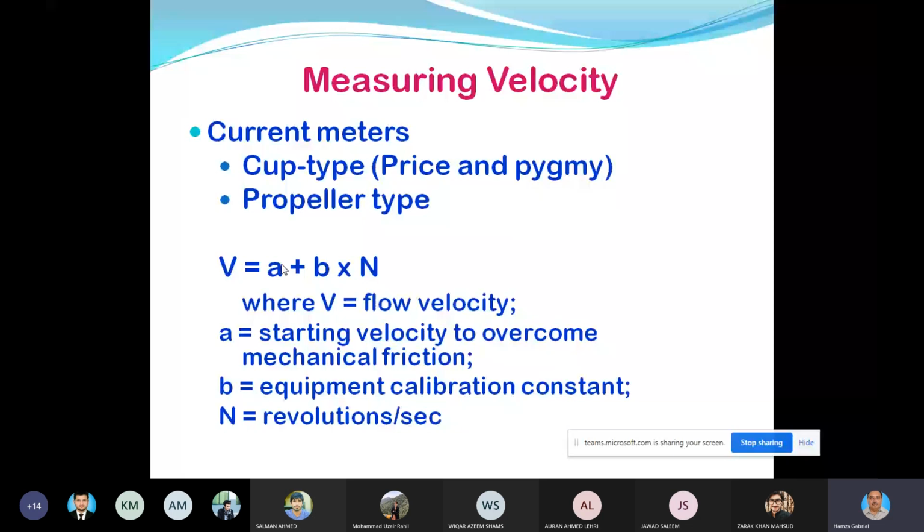So that's why there should be some factor which takes care of this friction, जो start करने के लिए आप overcome करने के लिए friction, that is the a.